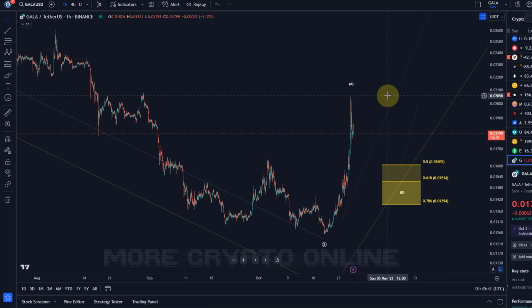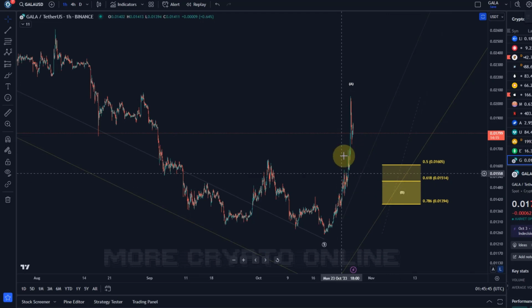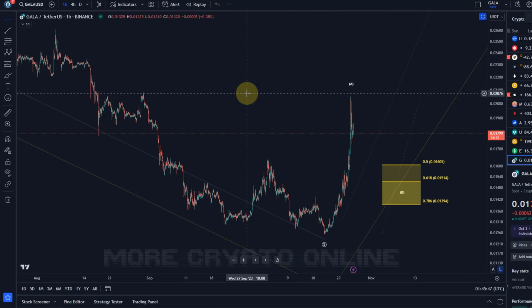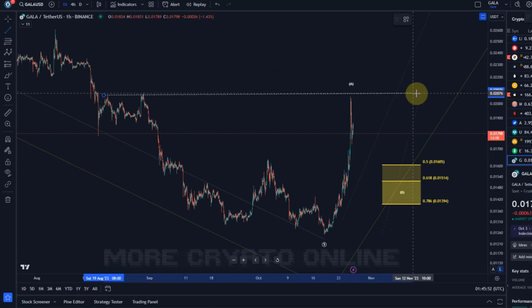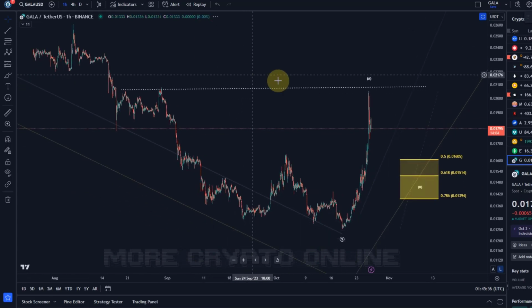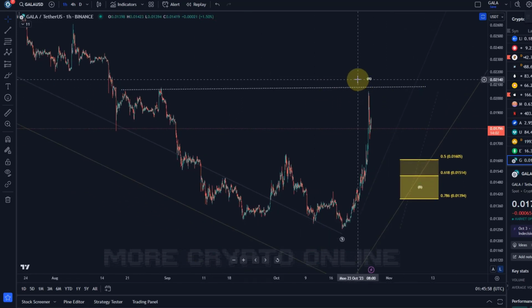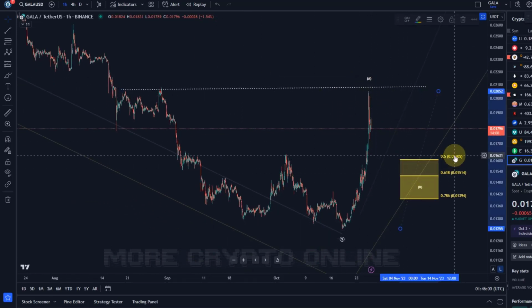Now, in the previous video, I made you aware of a key resistance level, the next level to watch after the breakout, and that was the 2 cent level. That level has been reached. Here we had a pretty obvious one, and we are now there. What it could be doing now is maybe a B wave. B waves can be shallow.